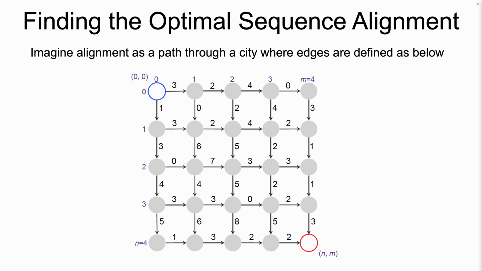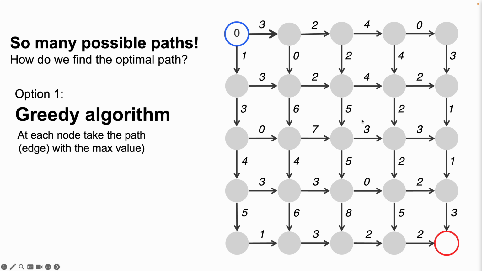So now I've redefined the edges in this map, so this isn't the Manhattan attractions, but the grid numbers are across the top, down the side, and then the edges have all the weights, okay? There are lots of possible paths. So this is just like I was saying with our cartoon DNA alignment.